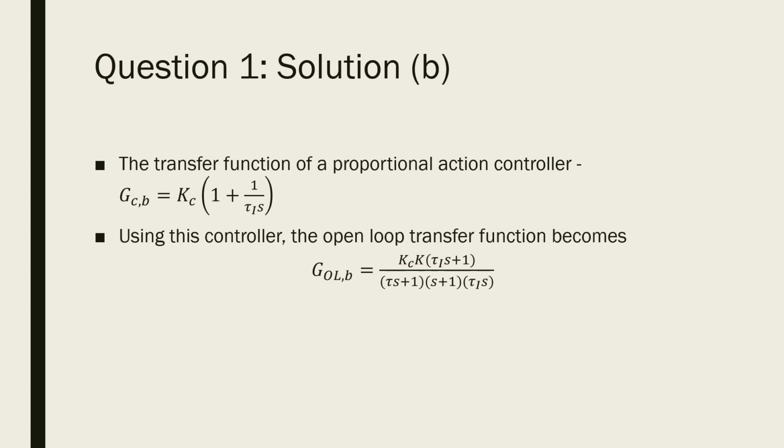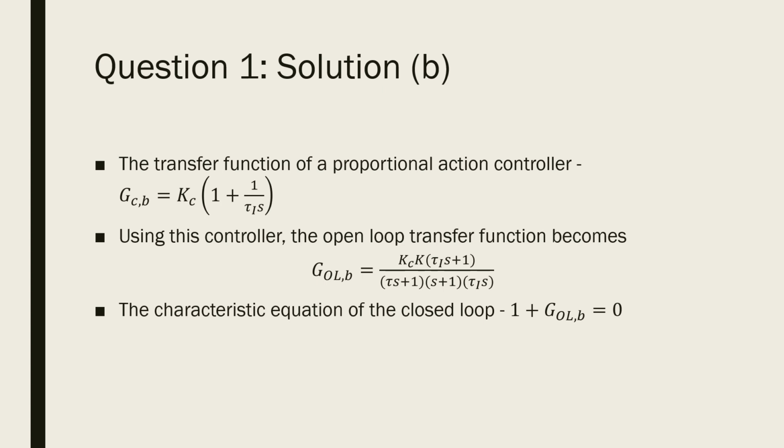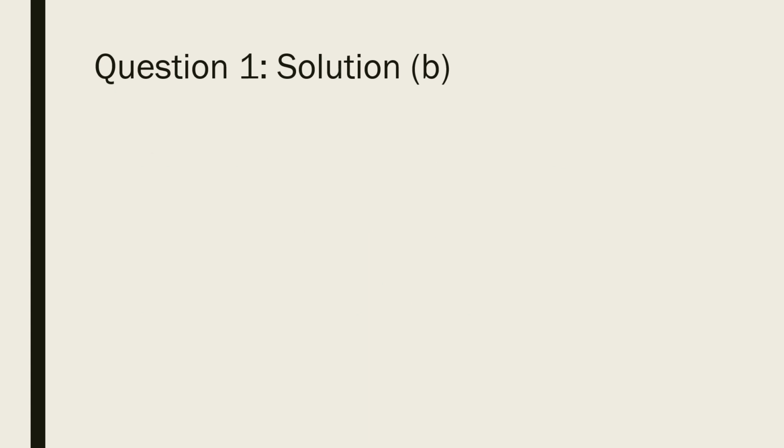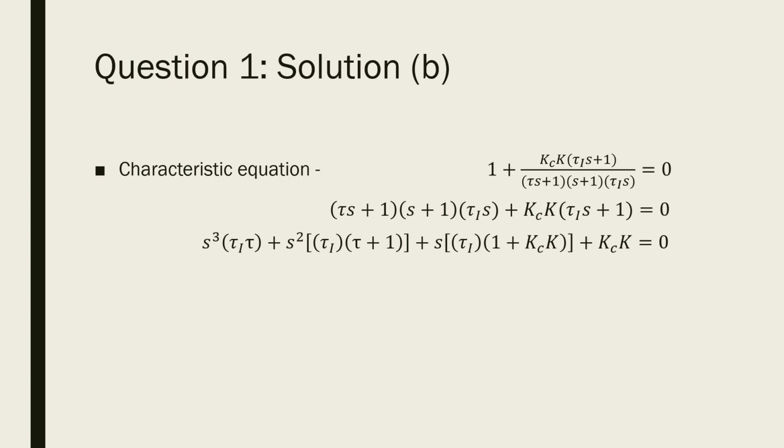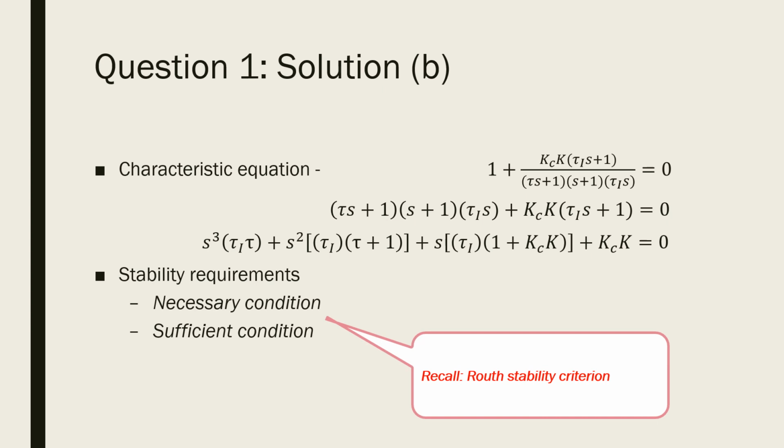The characteristic equation in this case is now 1 plus G_OL,B equals 0. As in part A, we can rearrange the characteristic equation in the form of a cubic equation. Since this is a cubic equation, the root stability criterion is employed to assess the stability requirements. The root stability criterion has necessary and sufficient conditions to be fulfilled for stable closed-loop behavior.